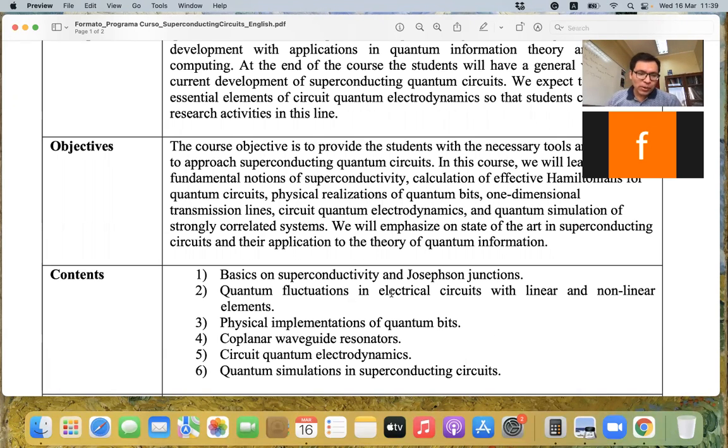This is probably one of the complications in using quantum computers with superconductors: you need to cool down the sample, essentially.